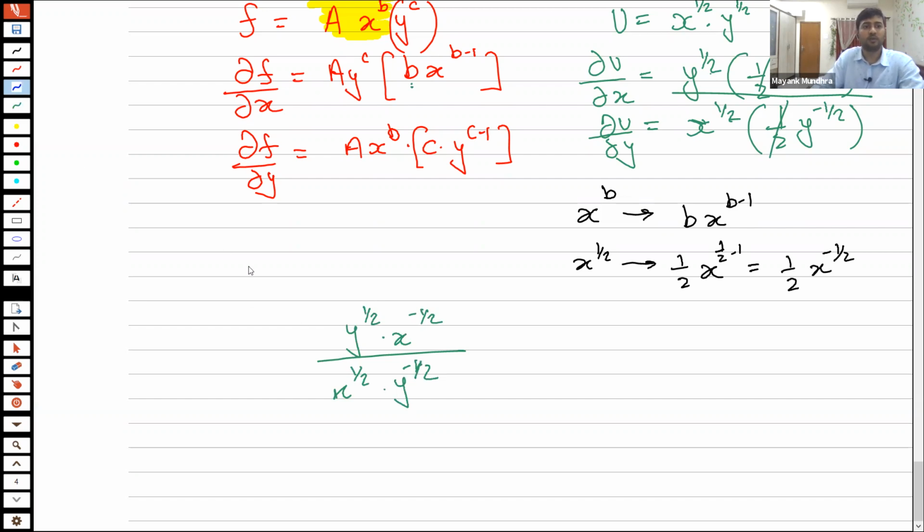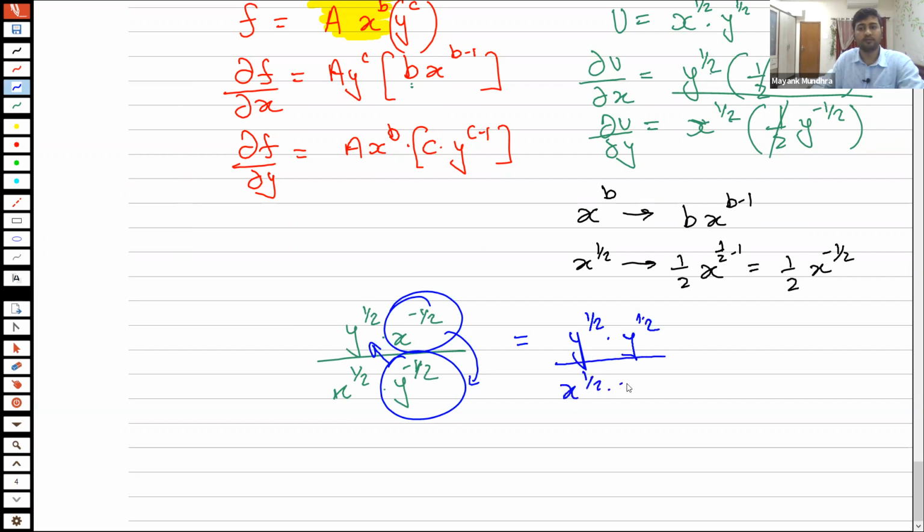Now this y to power minus half can go up, this x to power minus half can come down. So this becomes y to power half into y to power half upon x to power half into x to power half. So that is just y by x.